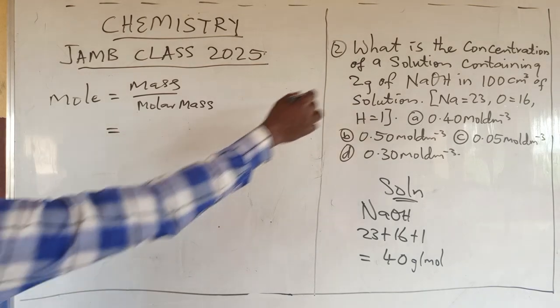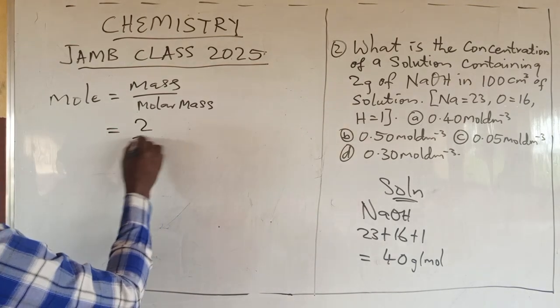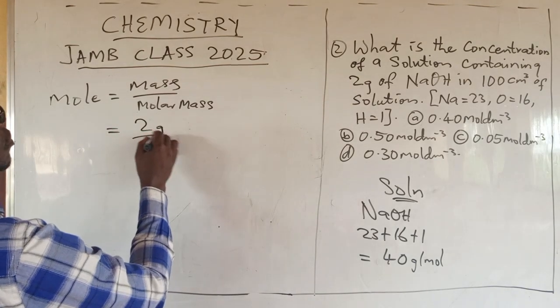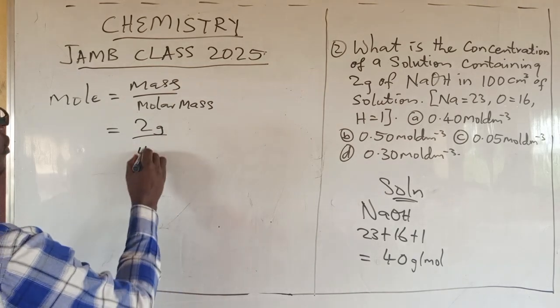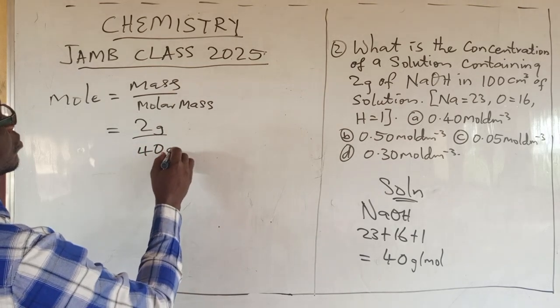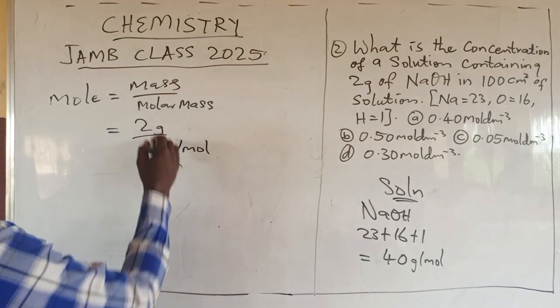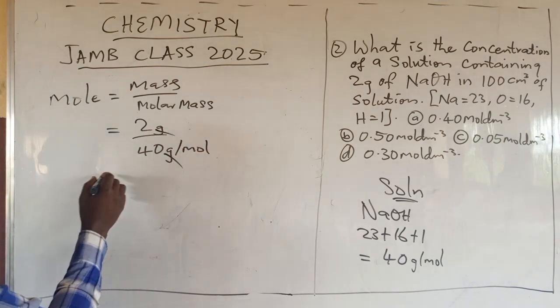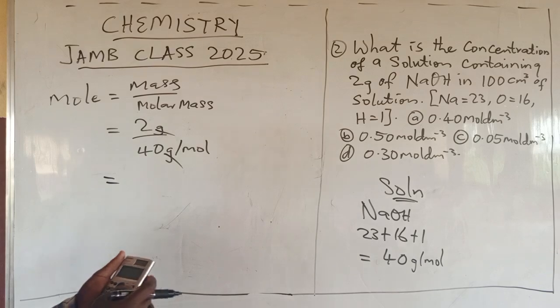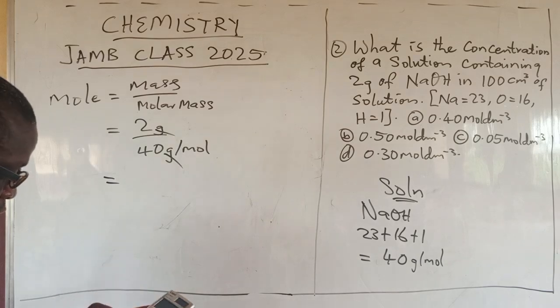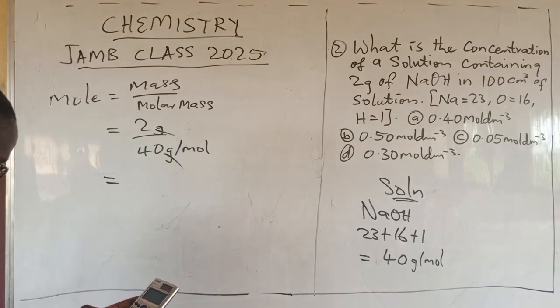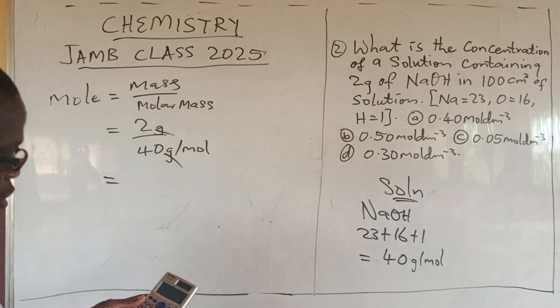Substitute 2 gram all over 40 gram per mole. Now gram will cancel out gram. You are left with 2 divided by 40.